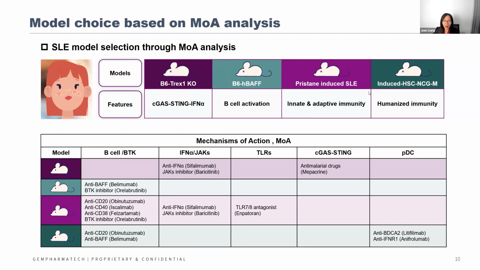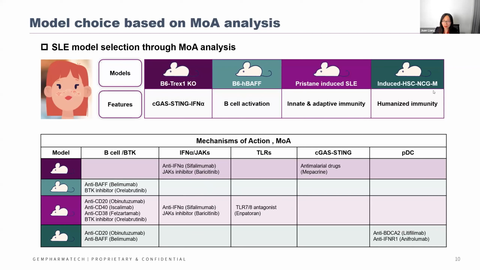The pristane-induced SLE model is featured with activation of the innate and adaptive immune systems. So if the drug is a JAK inhibitor or a Toll-like receptor 7 and 8 antagonist, we will recommend the pristane-induced SLE model for evaluating such drugs.